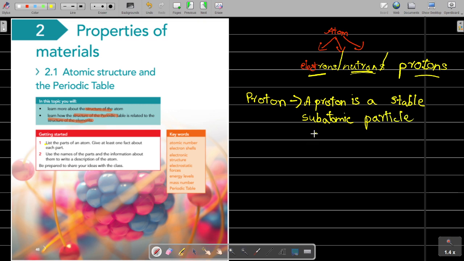The symbol is P plus. Okay? Now we'll go for neutron.